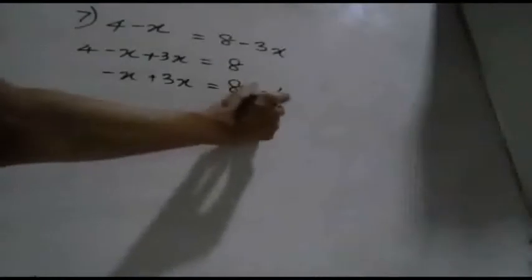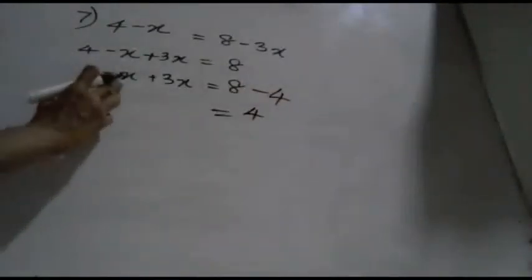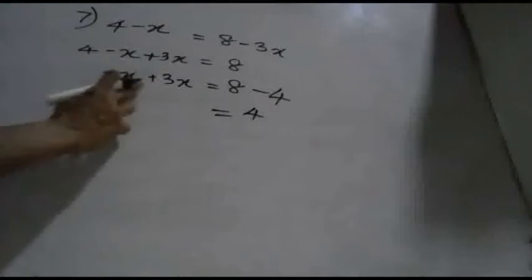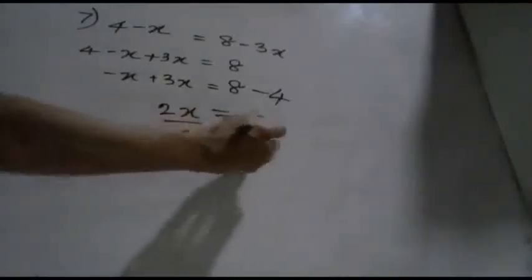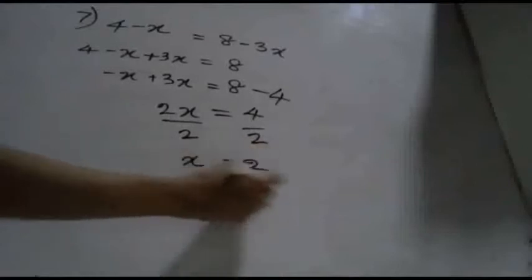It is changed to subtract 4. 8 subtract 4 is equal 4. Negative x plus 3x. X is subtract from 3x is equal 2x. 2x is equal 4. Both sides divide by 2. X is equal 2.